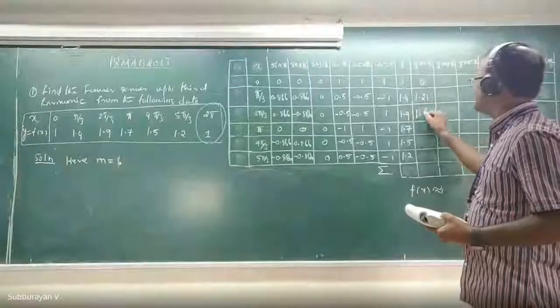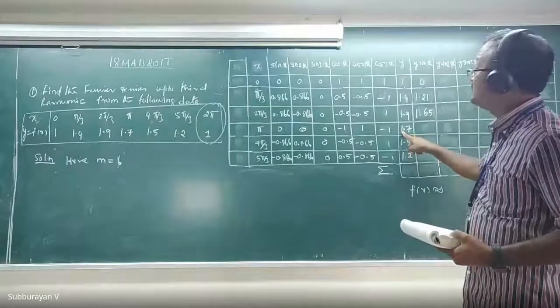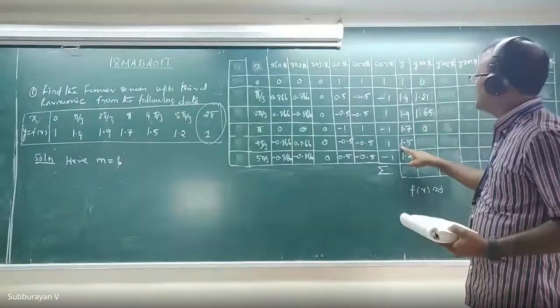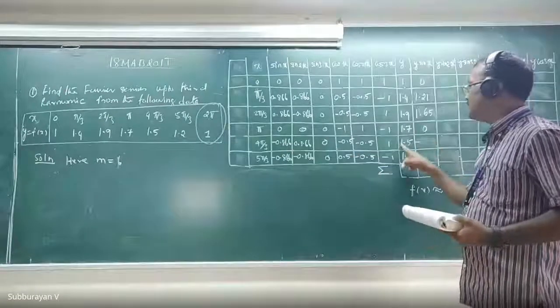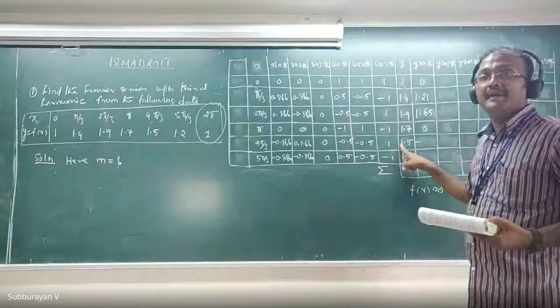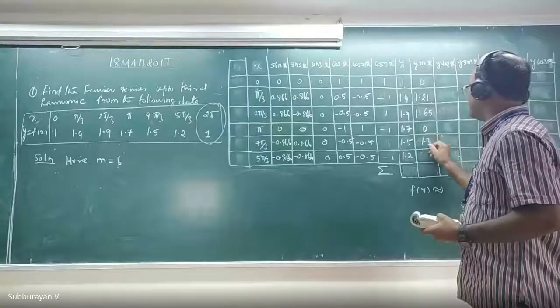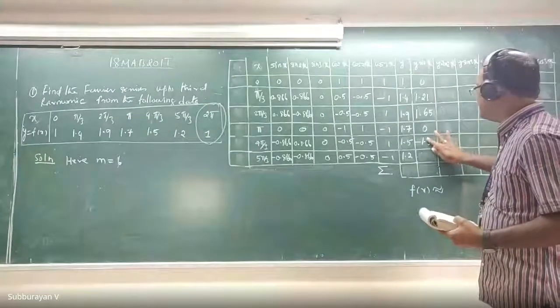Now 1.7 into 0, this is 0. And 1.5 into minus 0.866. What is this value? 1.30, or 1.299. Okay, 1.29, right?